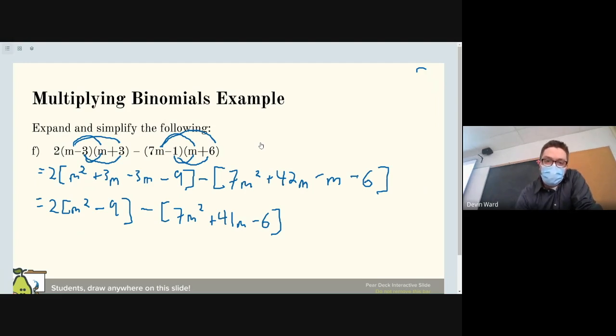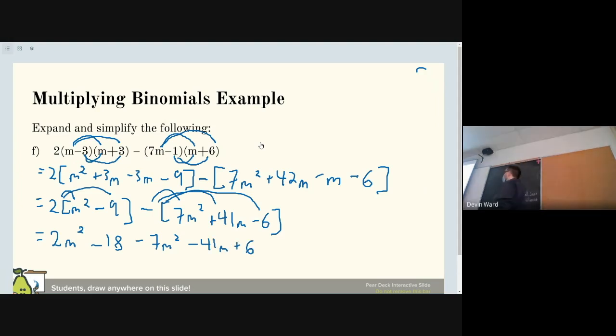Now we can distribute. And remember, you've got to distribute the negative out too. So we'll have 2m squared minus 18 minus 7m squared minus 41m plus 6.